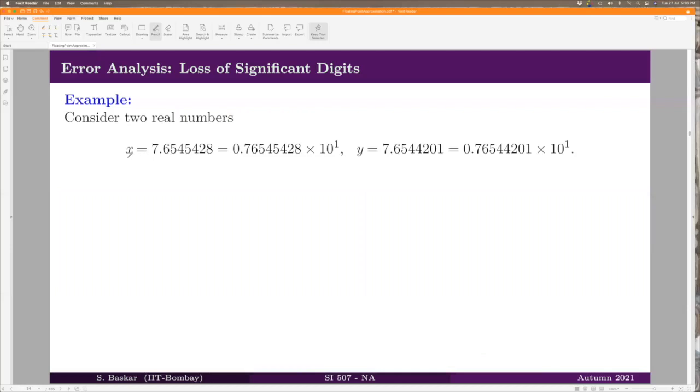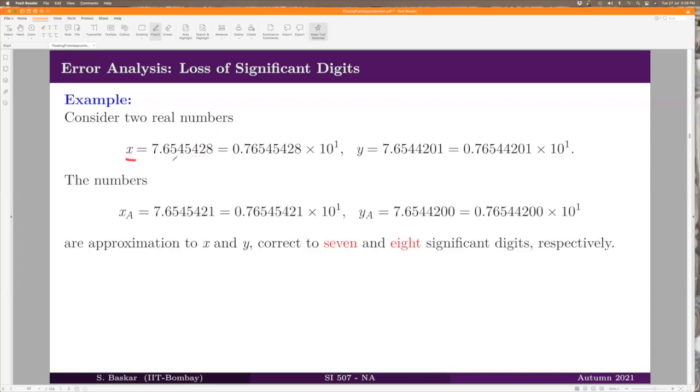Let us try to understand this loss of significant digits through an example. Consider two numbers x and y given by these values respectively, which can be written in the floating point representation like this. Of course, there is a minus 1 to the power of s, or maybe 0, which we sometimes don't write. Now, instead of using these numbers in my calculation, I'm going to use these approximate numbers.